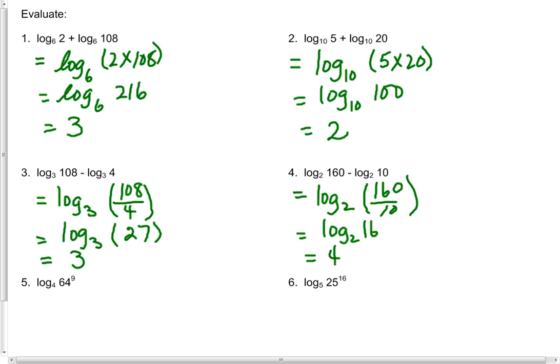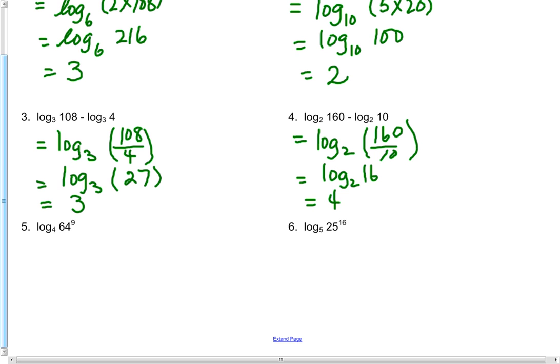Log base 4 of 64 to the 9. Okay, that's ugly. And if I have a power, I can rewrite that as: bring down the 9, log base 4 of 64, which is 9 times log base 4 of 64, which is 3. 9 times 3 is 27.